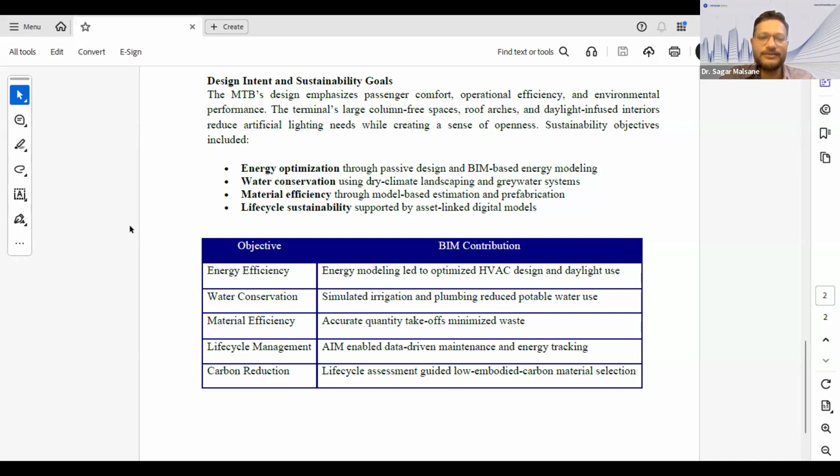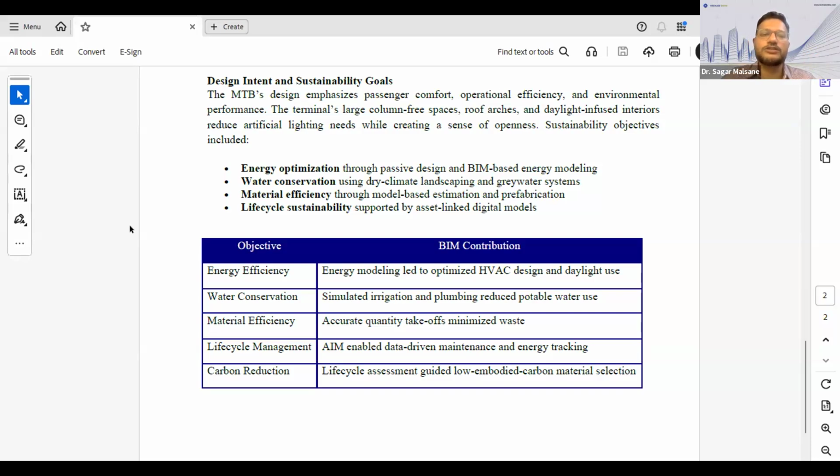Then water conservation: because the project is in the UAE, the dry landscape concept and restricted use of potable water applied. BIM simulation related to irrigation and plumbing really helps reduce potable water usage. So BIM-based technology can really help carry out such spatial design as well as scenario-based analysis or simulations.